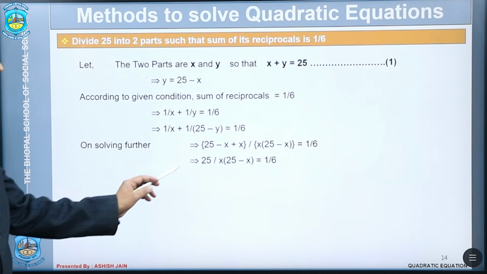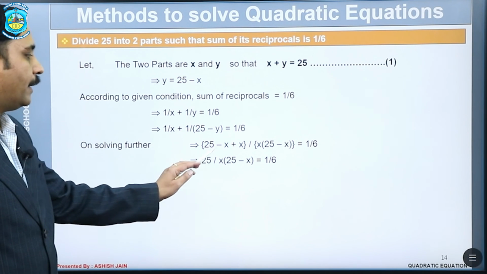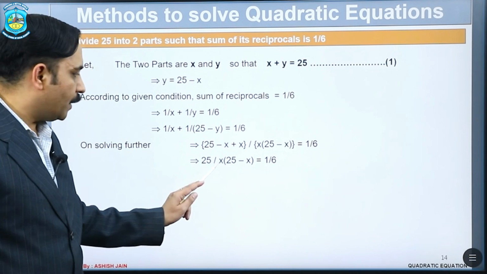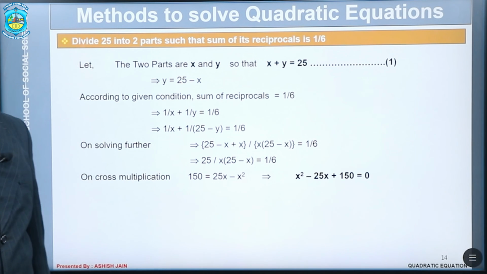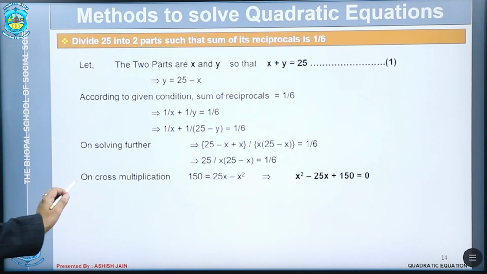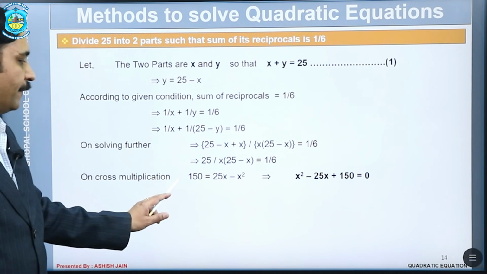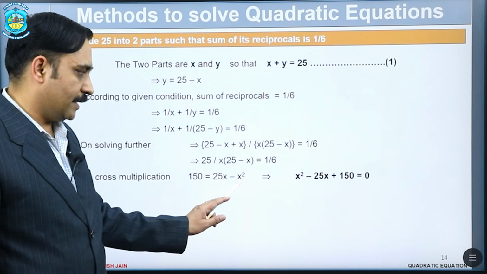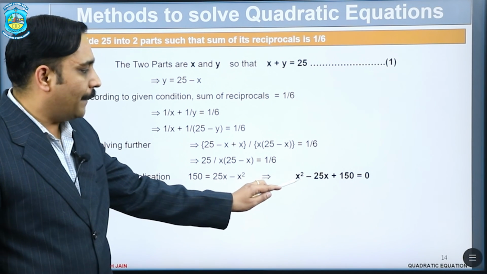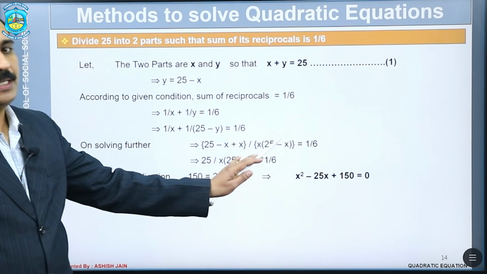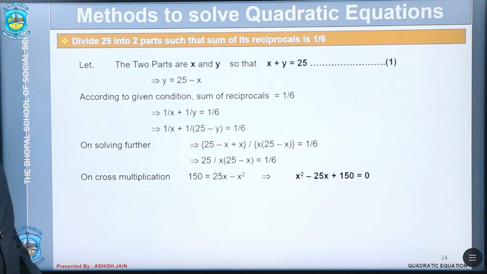On solving further, we have 25 divided by x multiplied by (25 minus x) is equal to 1 by 6. Using cross multiplication, we have 150 is equal to 25x minus x square, which is x square minus 25x plus 150 is equal to 0. This is our quadratic equation.